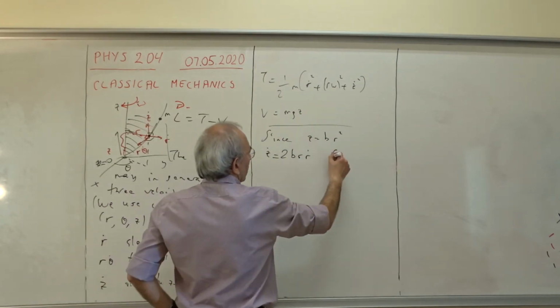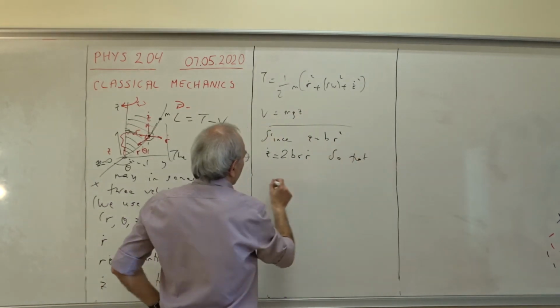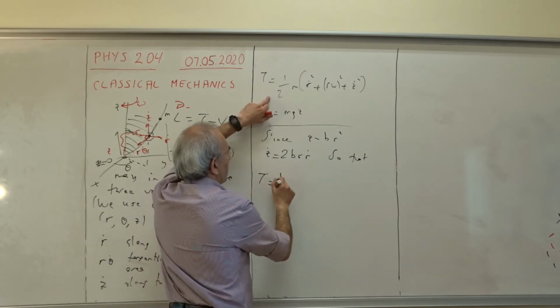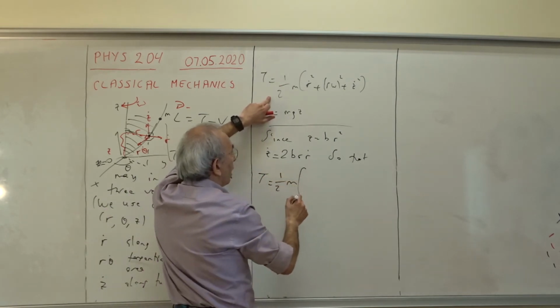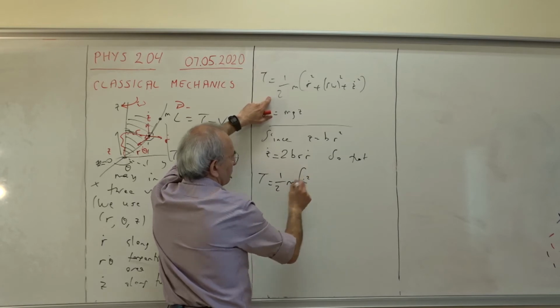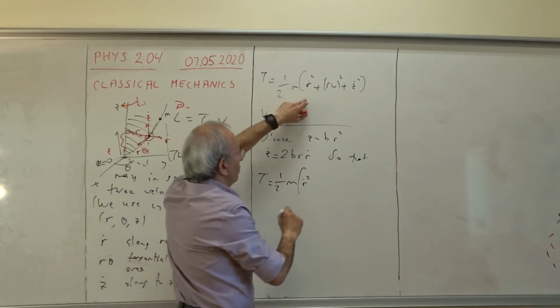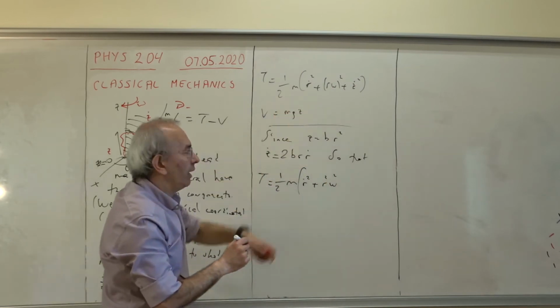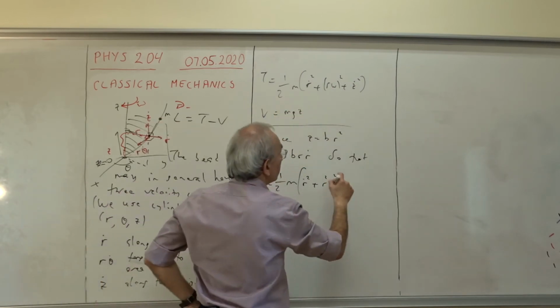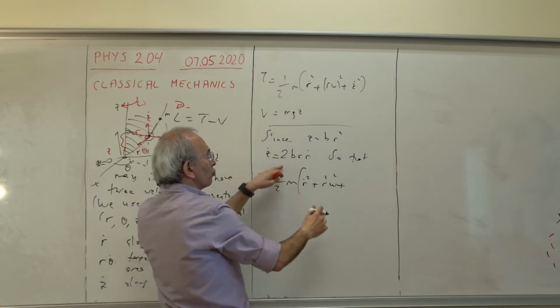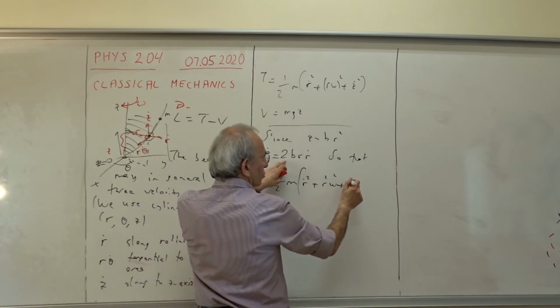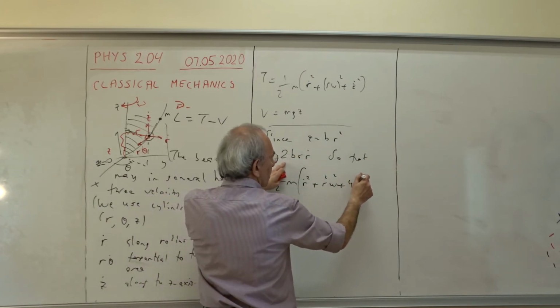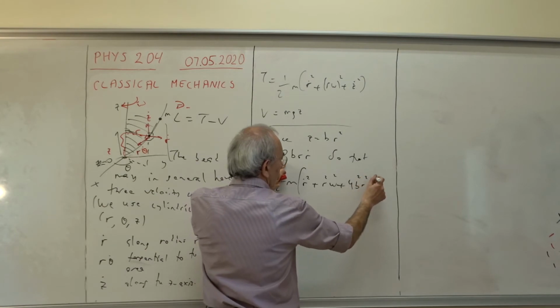So that T will be 1/2 m, r dot squared plus r squared omega squared, alright. And third part is simply z dot squared. So we take the square of this, 4b squared r squared r dot squared.